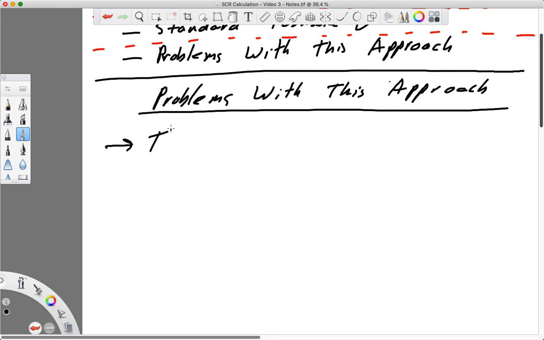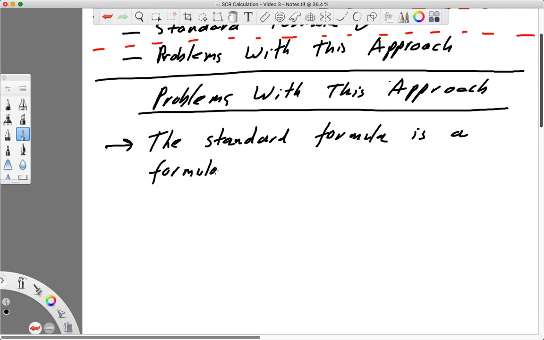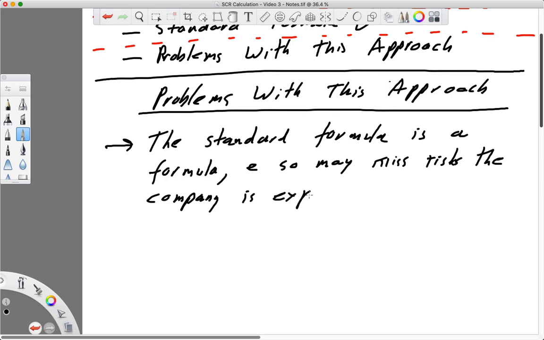So first of all, the standard formula is a formula, and so may miss risks the company is exposed to.